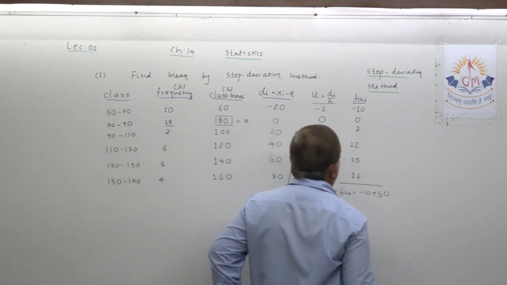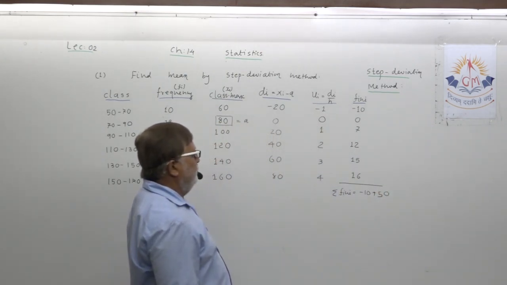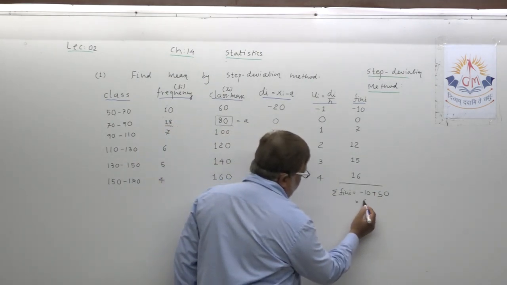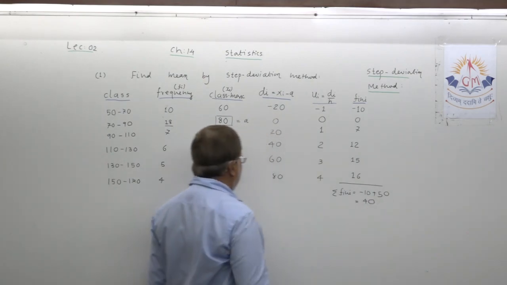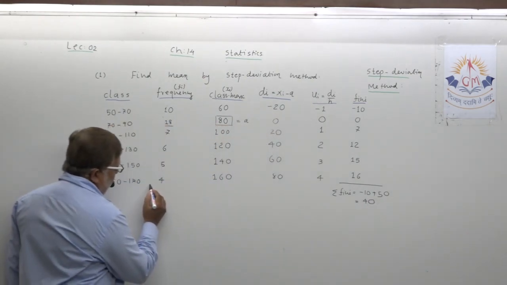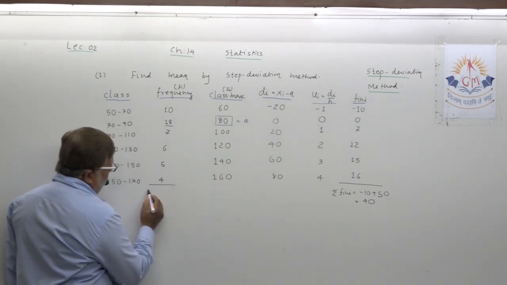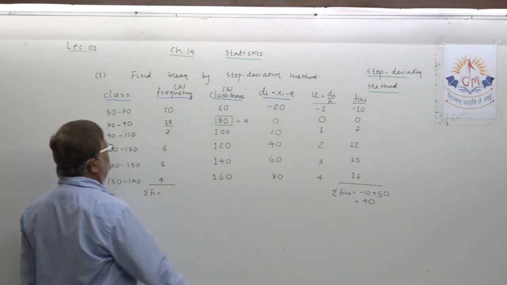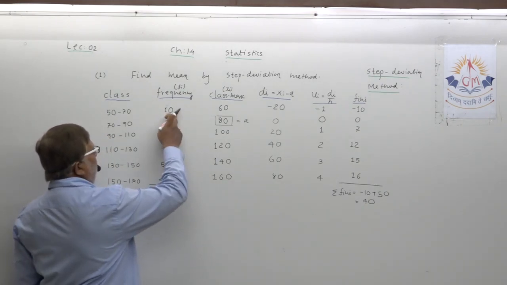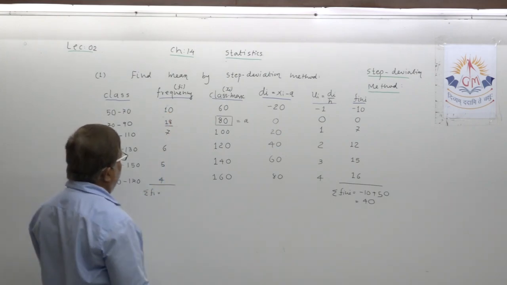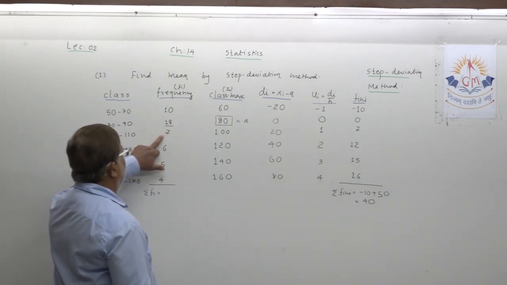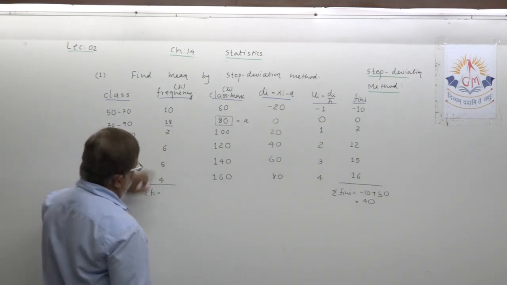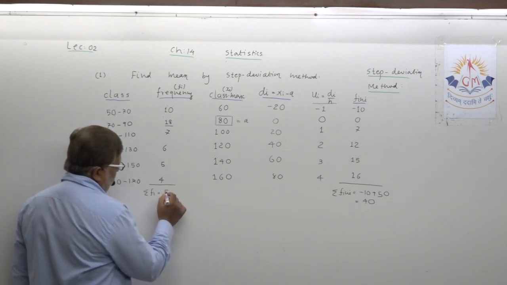Minus 10 plus 50, you all know very well, 40. Let us find the total of the frequency, that is sigma fi. Just total it: 18 plus 10, 28 plus 7, 35, 35 plus 6, 41, 41 plus 9, 50.